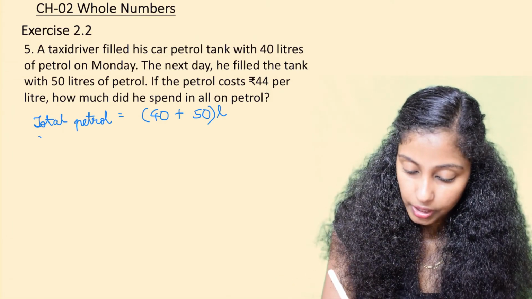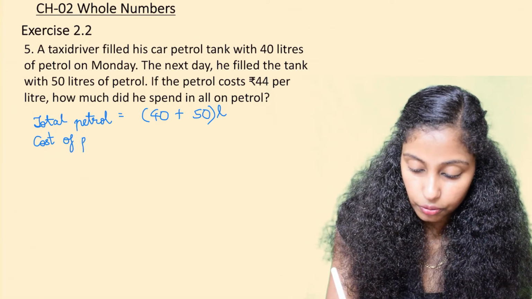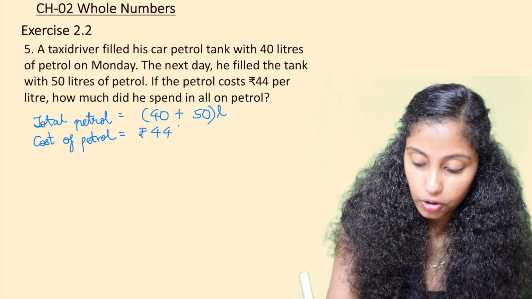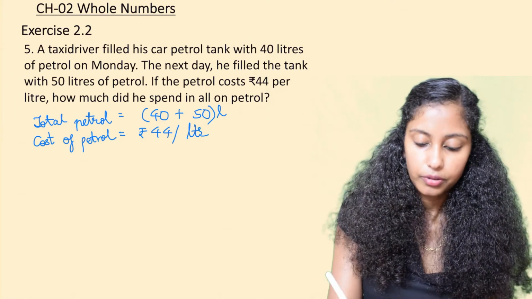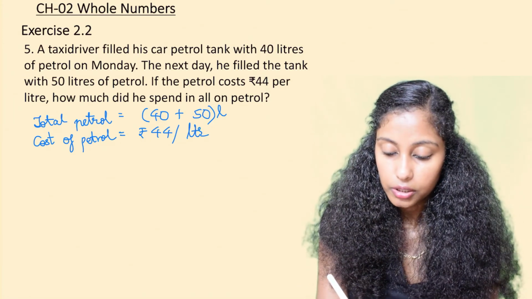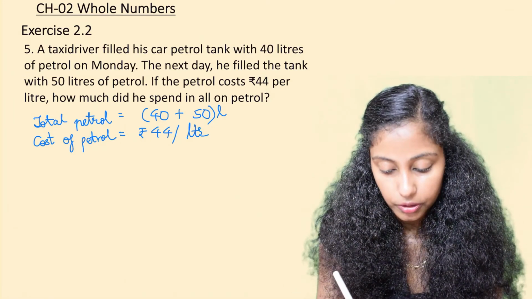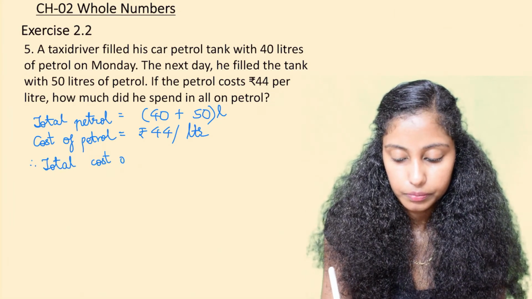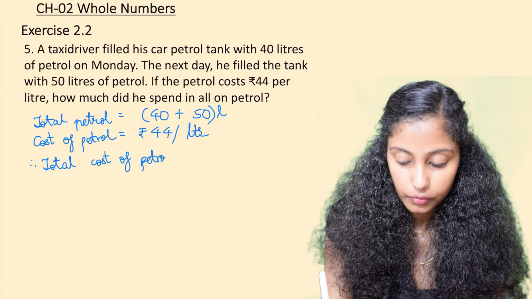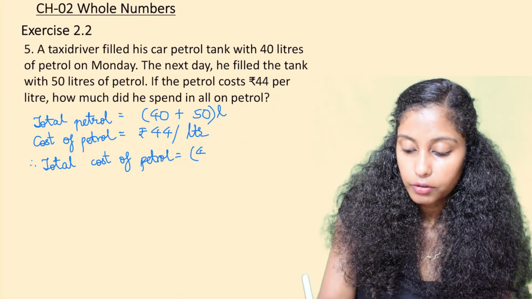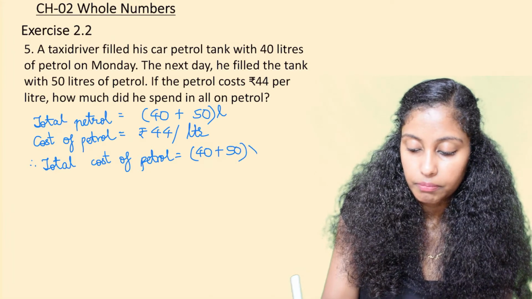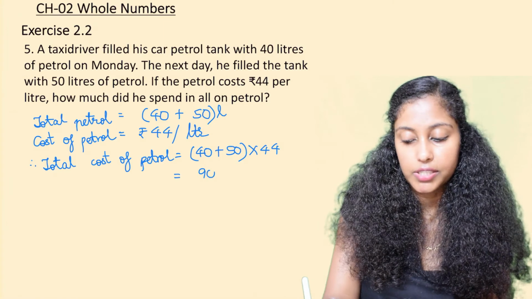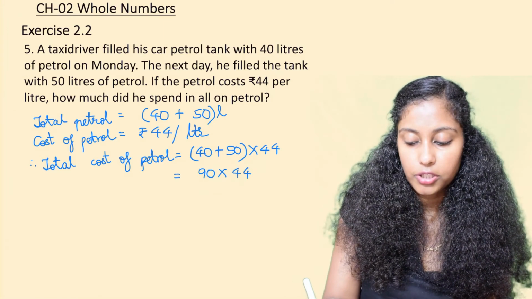And we are going to write cost of petrol is equal to rupees 44 per liter. So therefore we have to find out how much did he spend in all on petrol. Therefore total cost of petrol is equal to 40 plus 50 multiplied by 44. So 40 plus 50 will give us 90 multiplied by 44.